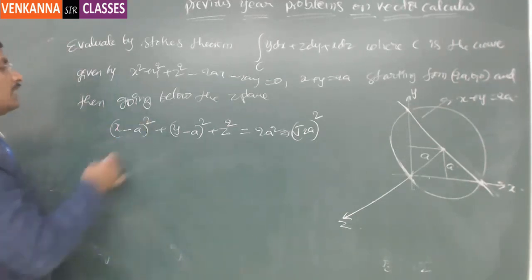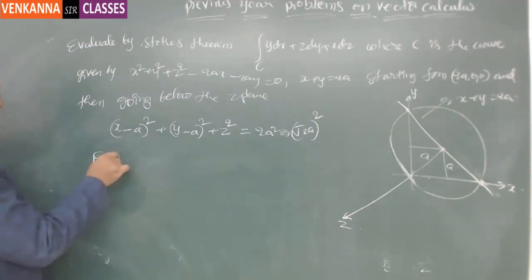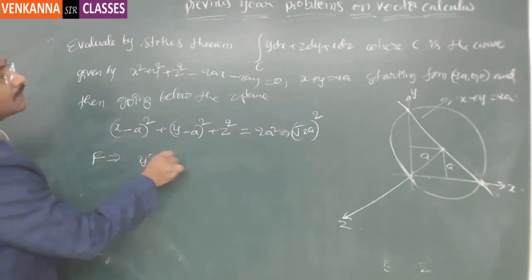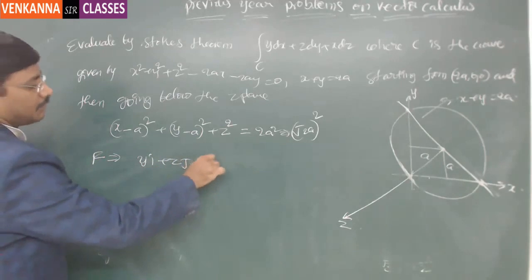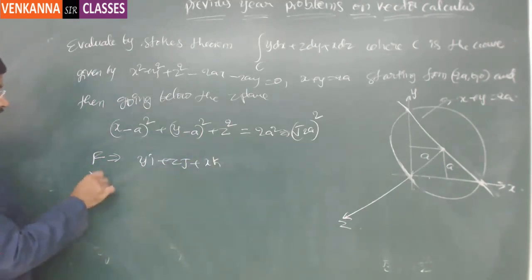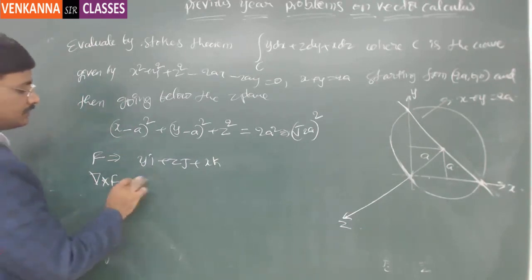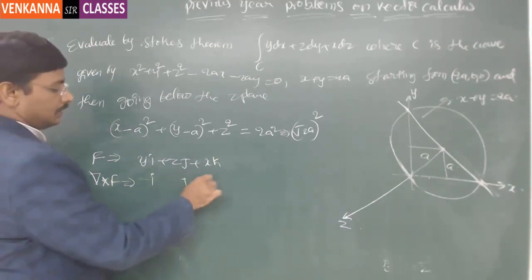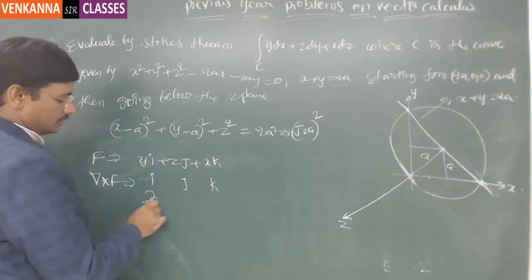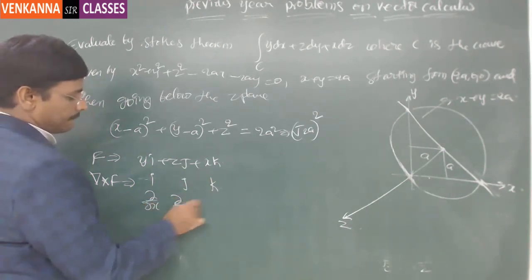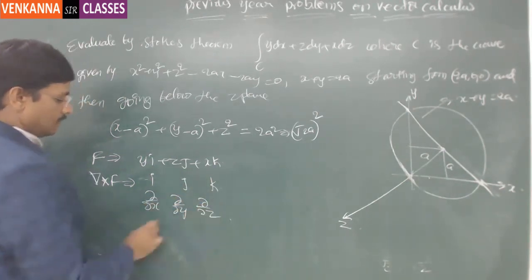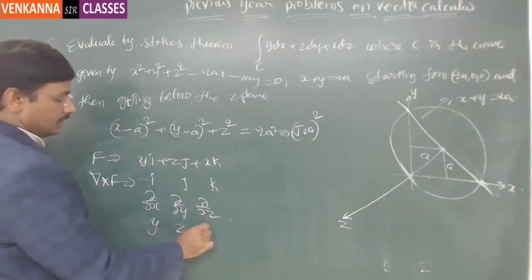Now you can identify the value of F. F is nothing but y i plus z j plus x k, and you can find the del cross F value. Del cross F is the determinant of i, j, k; dou by dou x, dou by dou y, dou by dou z; and y, z, x.